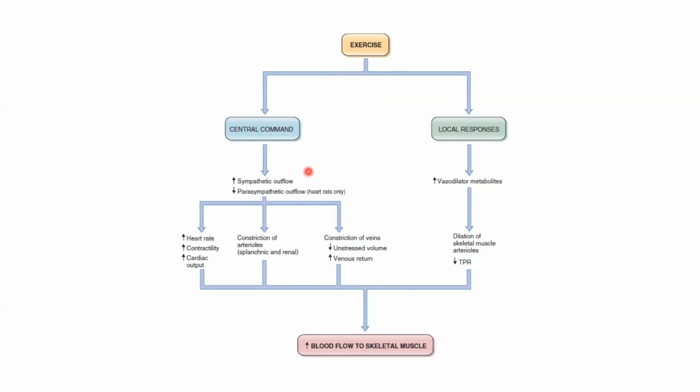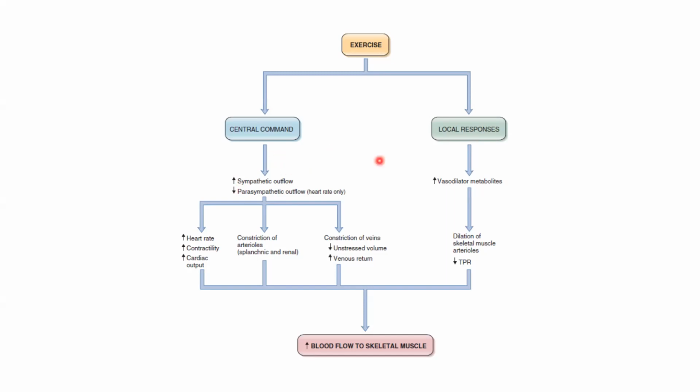But I wanted to show you this here as well, to integrate your knowledge about how the cardiovascular system behaves to ensure that there is more blood going to the skeletal muscle, but at the same time, you have constancy or stability in the blood pressure itself. It's only very strenuous exercise in which we have an increase in arterial blood pressure. Mild to moderate exercise does not significantly change blood pressure. That is something to remember.